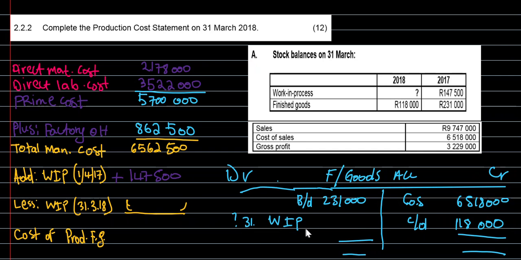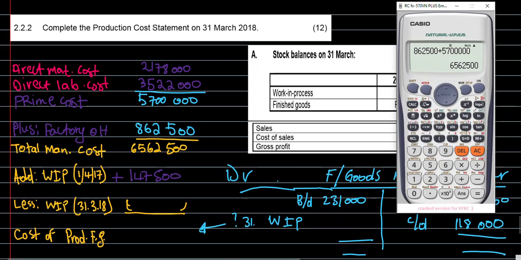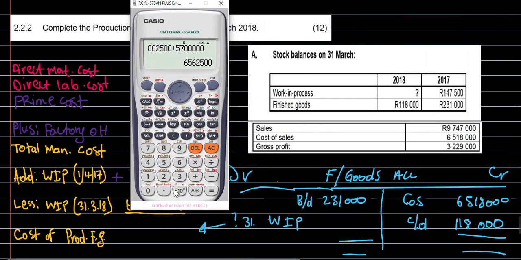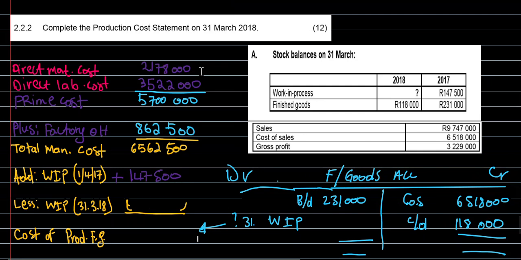So we want to know how much was produced, so let's calculate it. 18,000 add 118,000 will give us 6636, so this is the total on this column, 6636,000.